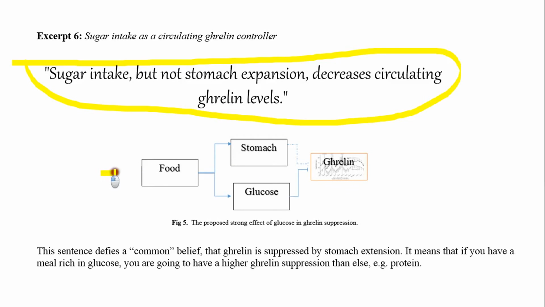If you have food, food can create two important signals in your body: stomach expansion, or at the same time an increase in the amount of glucose. Both are supposed to control ghrelin, because if your stomach is extended, it means you have a lot of food, and if your glucose goes high, it also means you have a lot of food. However, the authors say this effect is not important, or can be neglected.